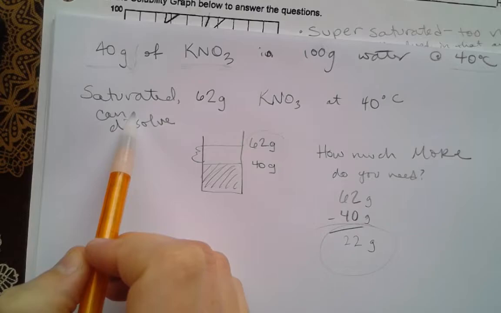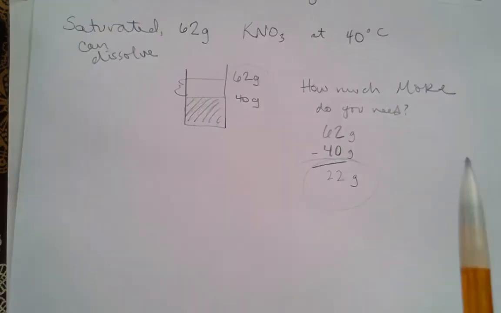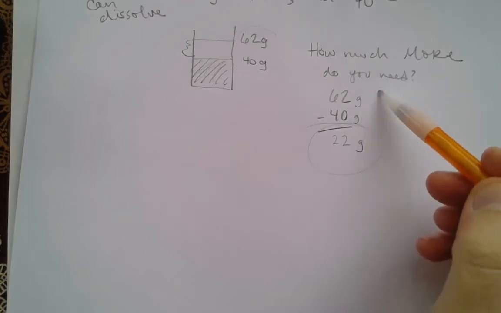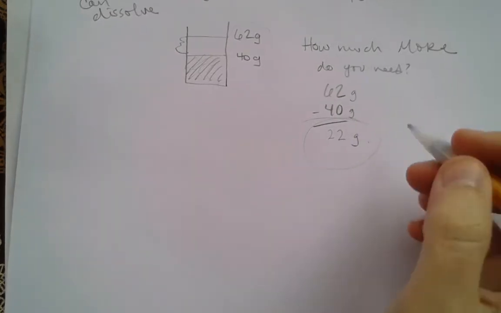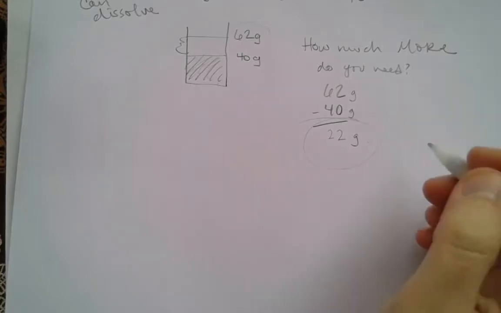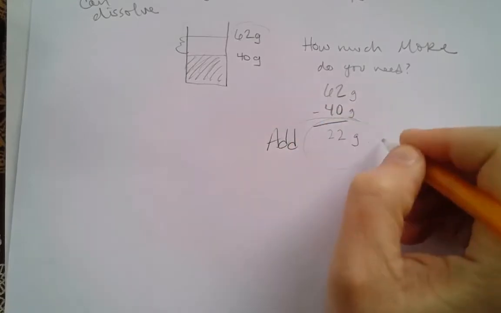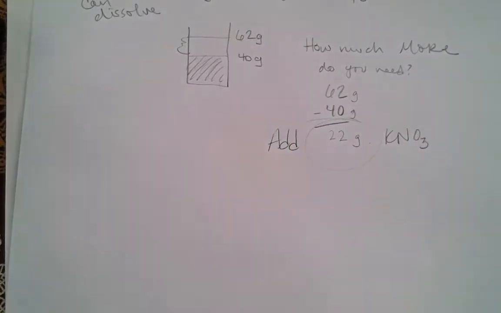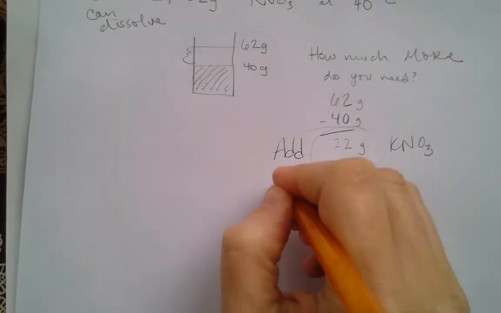That's how much you want. If you already have some, the question becomes, we have this much, we want this much, how much more do we have to add? That's how much you have to add. So add 22 grams to make a saturated solution.